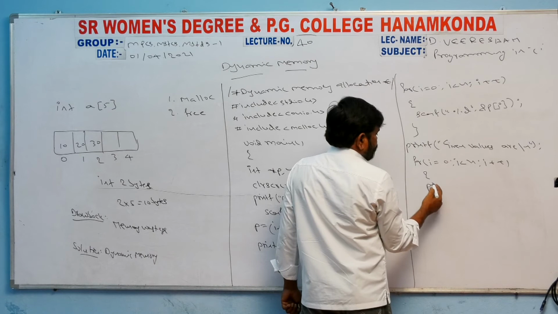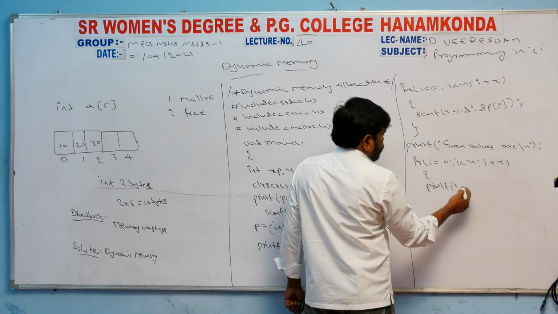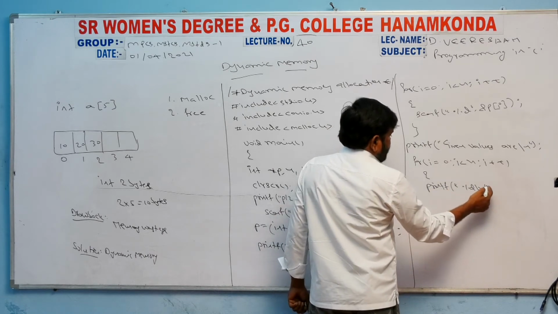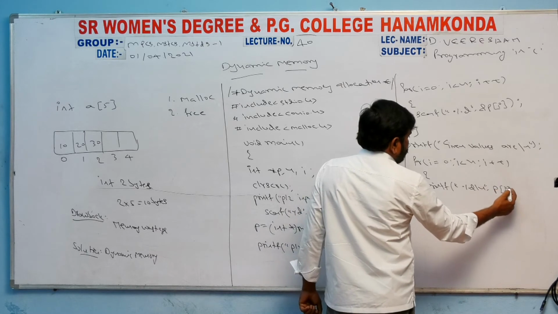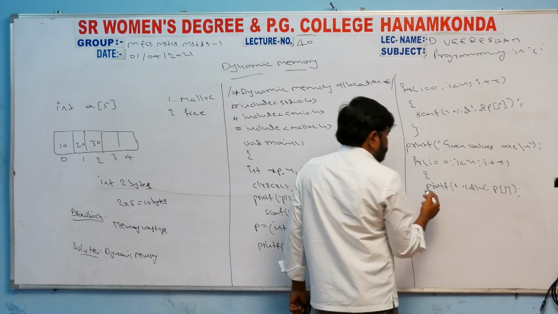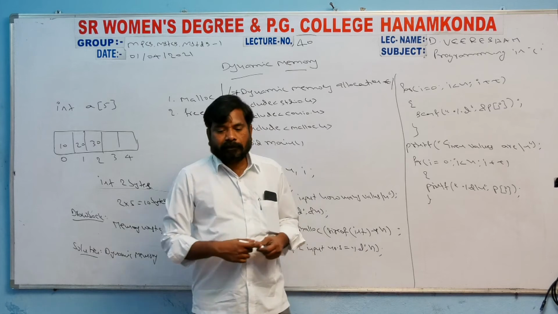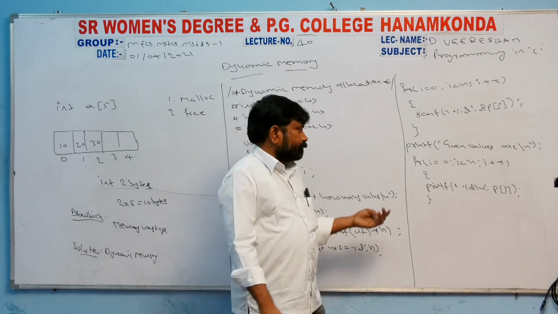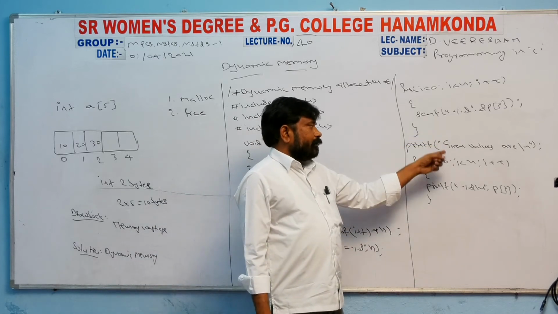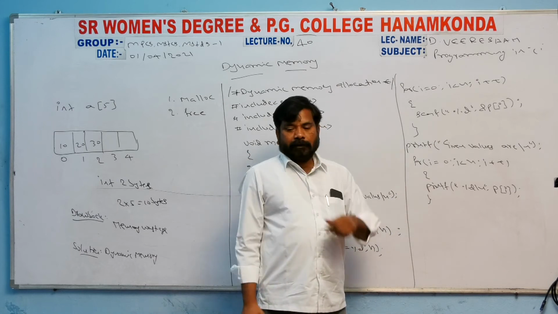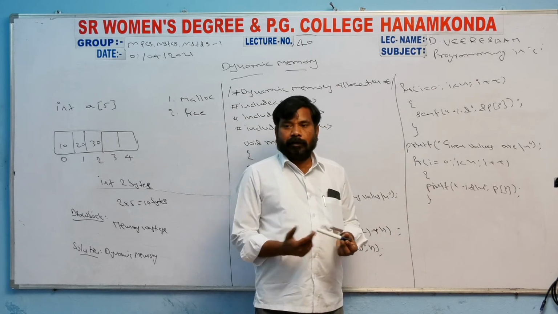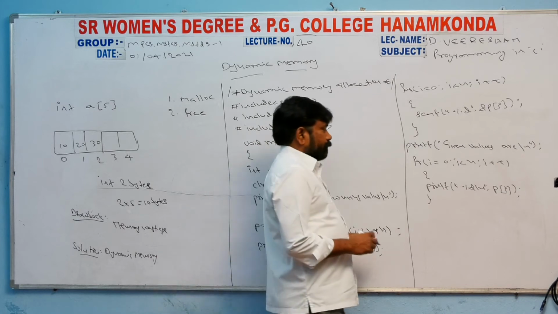Then you have to take the option printf percentage d backslash n, then p of i. See what I am saying? Whatever value is there, I am going to print that. It means I am inputting, then I am outputting the given values. Then after that I am going to release the memory.